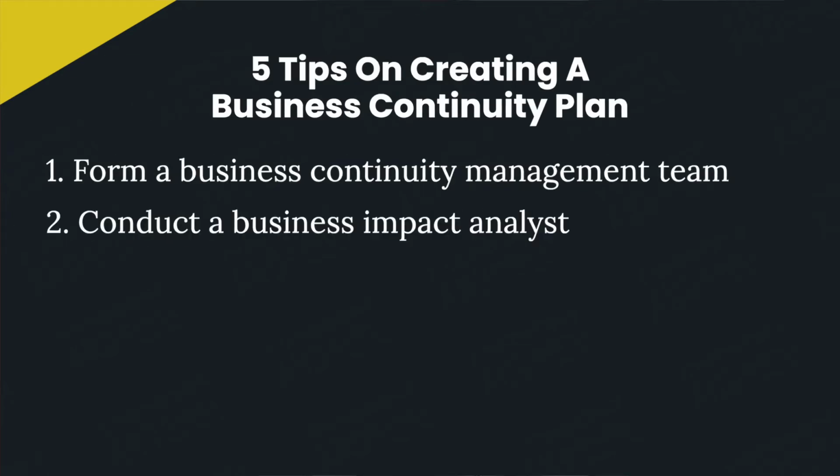Number 2, conduct a business impact analysis. By that, I want you to identify the specific risks and threats to your operations, financial performance, reputation, employees, and supply chains. So you gave the example at the Soapbox of what happens if the internet goes down.